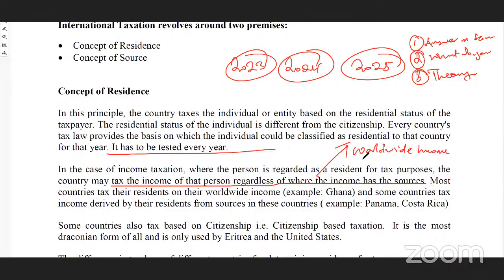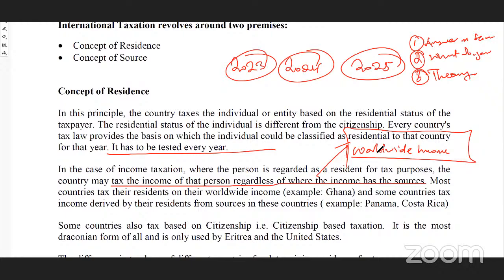So far as you are a resident of Ghana, we are taxing all your income, irrespective of where the income came from. Okay, so if I make money in Senegal and I was taxed in Senegal, if I make money in Morocco, I was taxed in Morocco. If I make money in the UK, I was taxed in the UK. If I bring it to Ghana, Ghana still has the right to tax it because I'm a resident of Ghana. You get the whole thing.